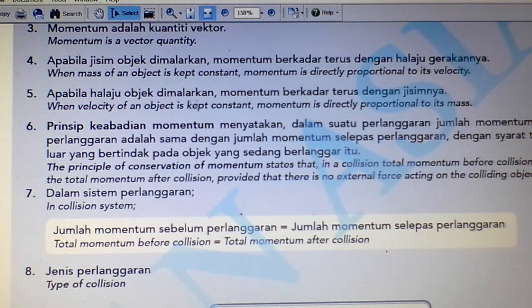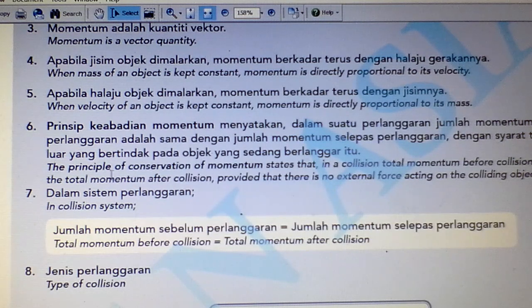Number 5, when velocity of the object is kept constant, momentum is directly proportional to its mass. Meaning, the higher the velocity, the larger the momentum. The larger the mass, the larger the momentum.